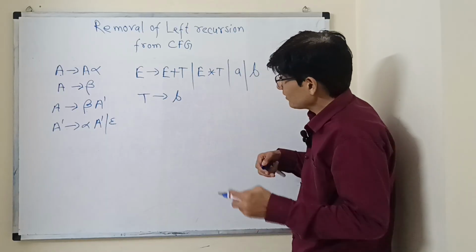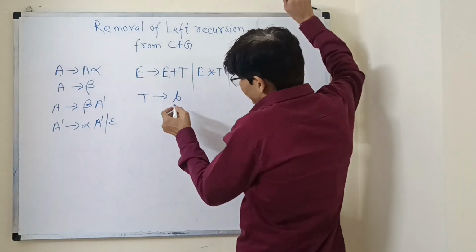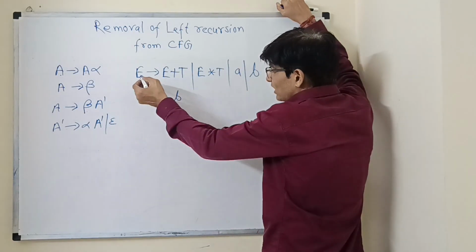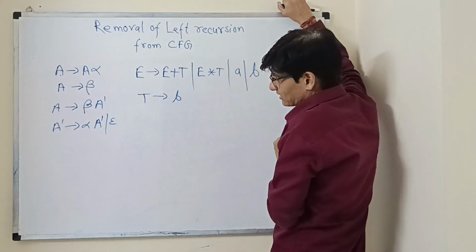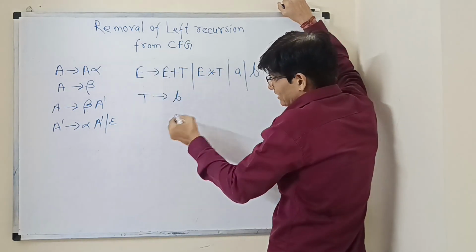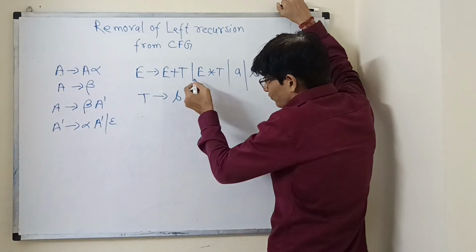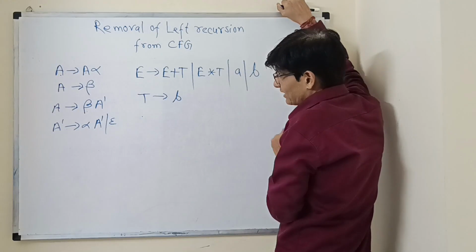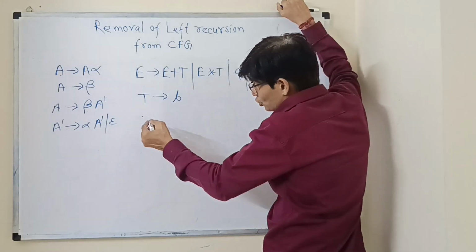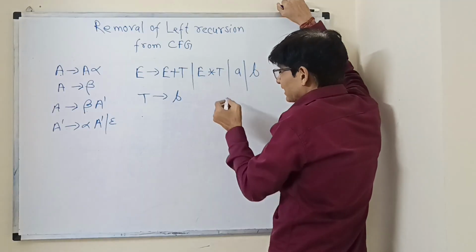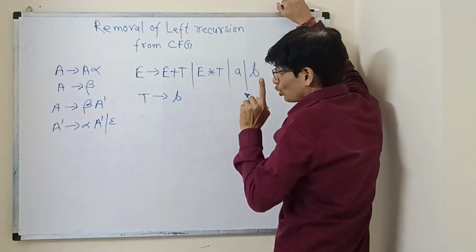In this particular example, we have only one variable which has left recursive productions, so we will take it. How many productions do we have for E? Four productions. Two productions are left recursive and two productions are non-recursive.